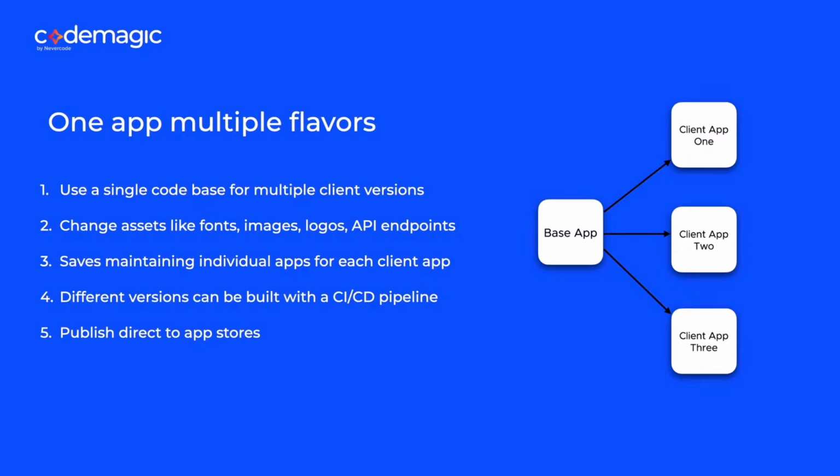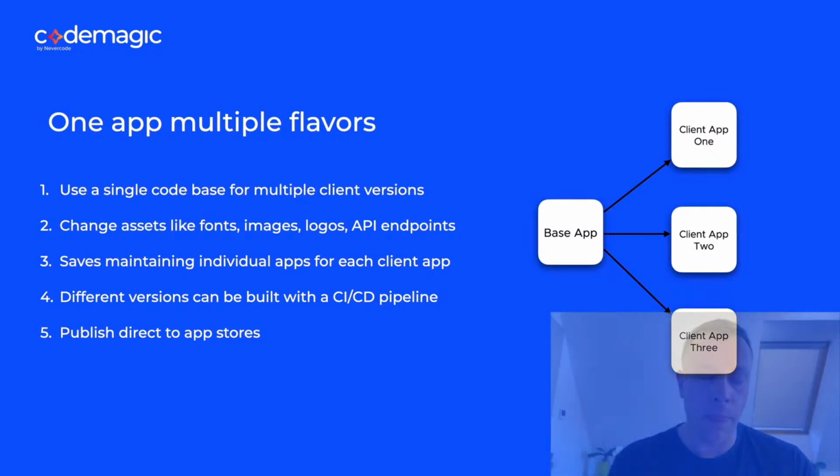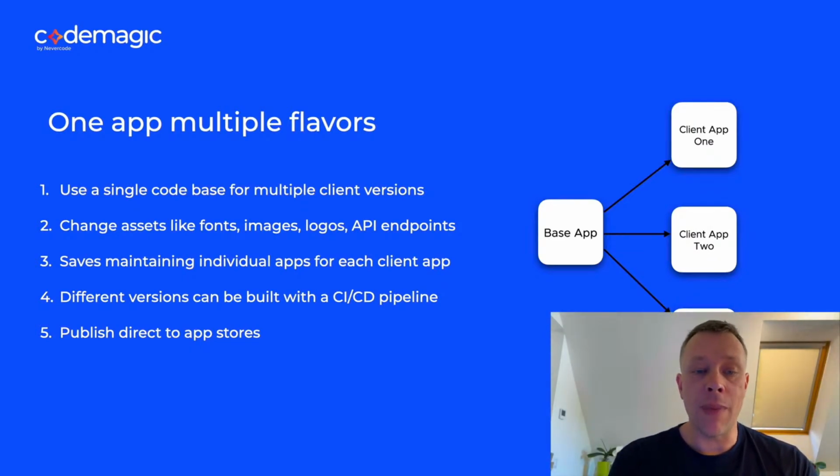And you can easily change things like fonts and images, logos, and again the API endpoints that each of those applications points to. And overall, this saves maintaining individual applications for each of the client apps that you want to build. And using a CI/CD pipeline such as Codemagic, you can build those different versions quite easily, and you can publish them directly to the app stores such as Google Play or Apple App Store.